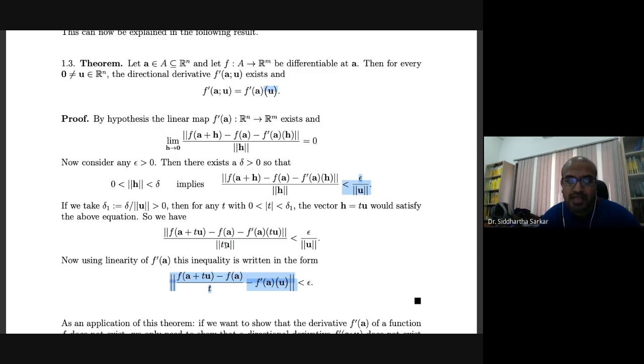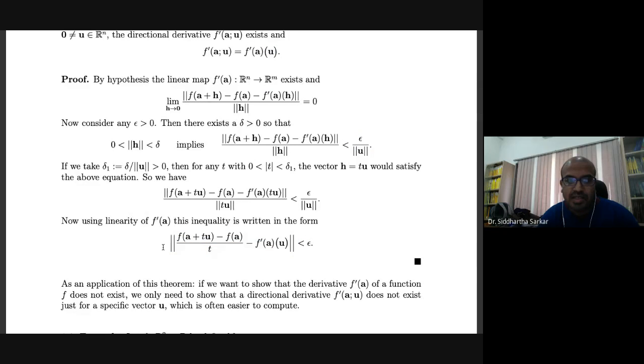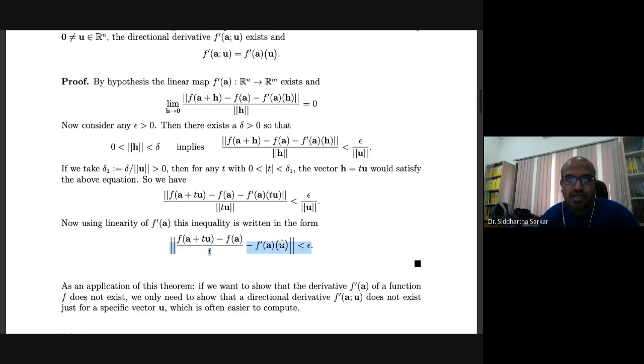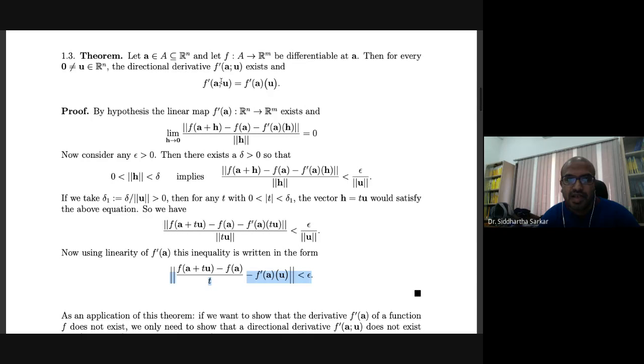In that case, you are also cancelling norm of u from both sides of the inequality because that's a positive real number. So you end up getting something like this. And actually, this is what you wanted. You wanted the directional derivative at a in the direction u to be equal to f prime a evaluated at u. This is what you ended up doing.